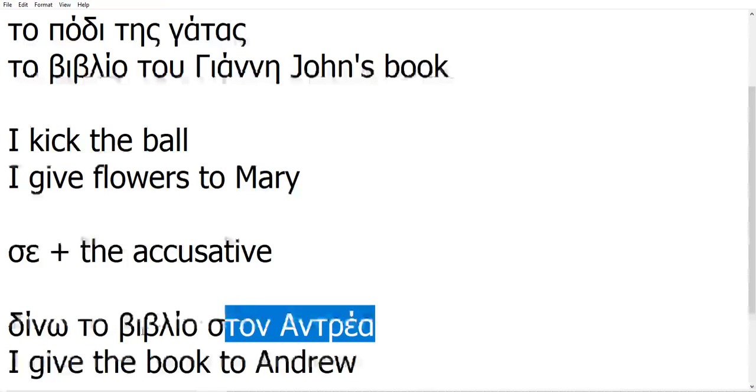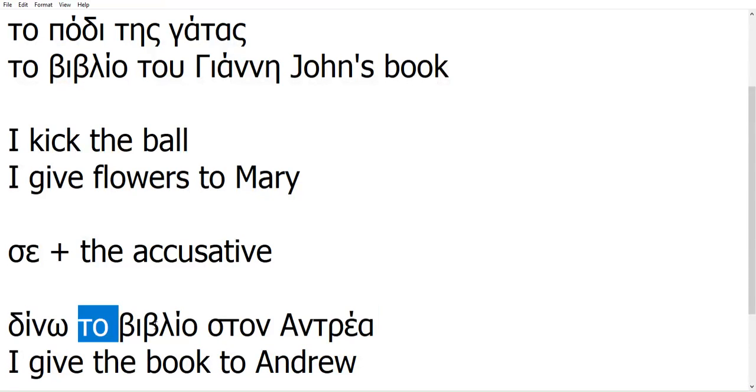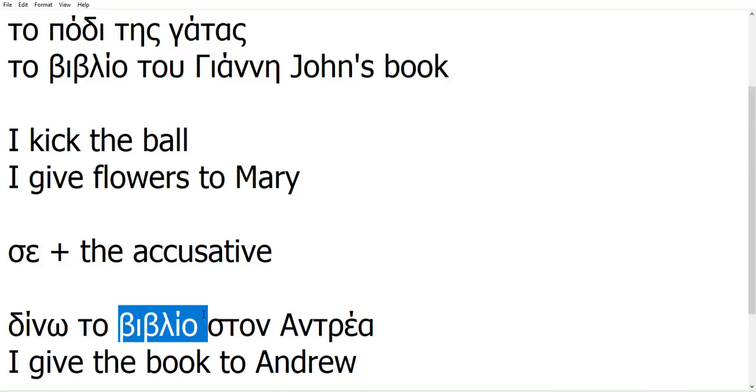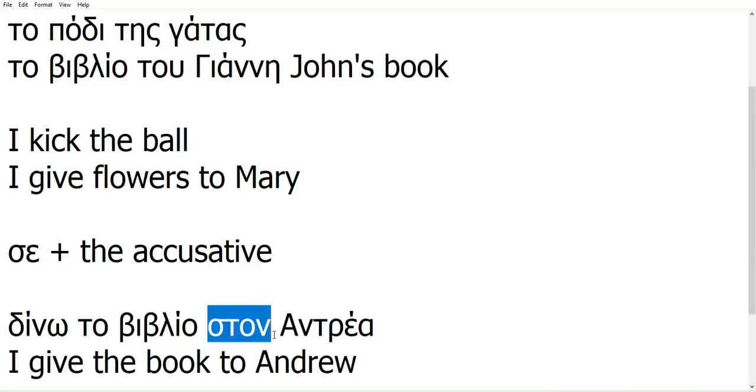If I would say I give the book to Andrew, I can say in Greek δίνω το βιβλίο, that's a direct object, the item that is given, στον Andrea, using the accusative with the preposition se.